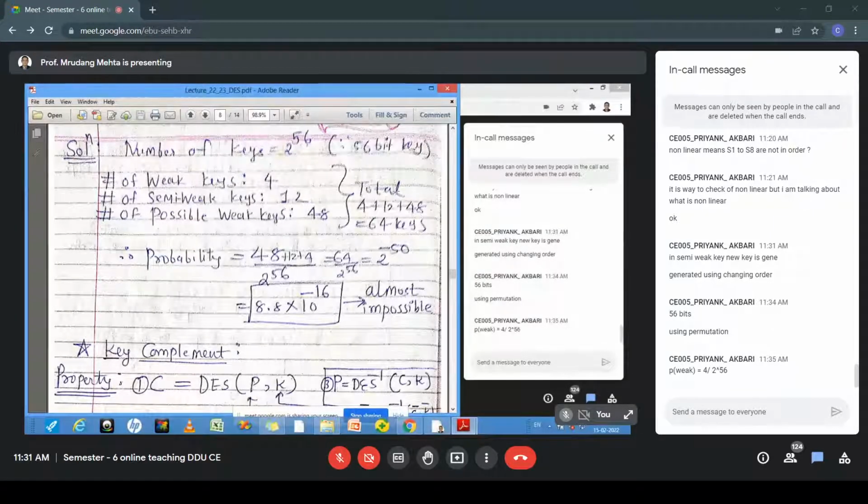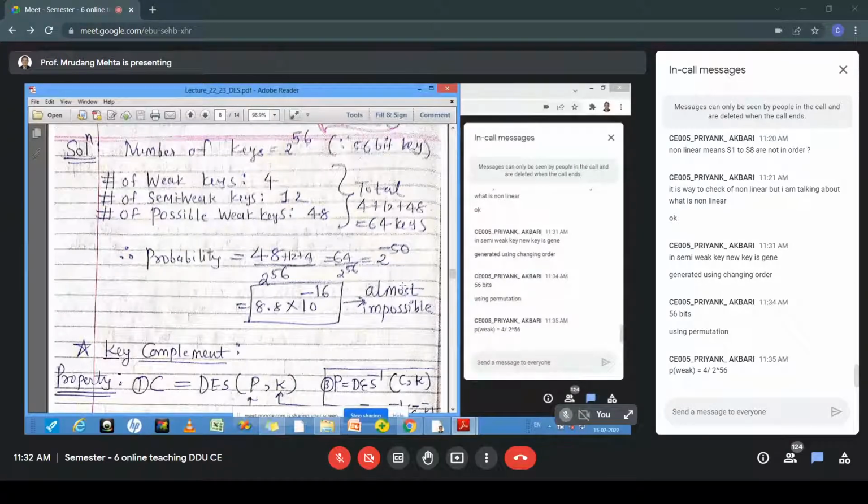So the total number of weak keys is 4 plus 12 plus 48, so 64 keys. So probability is equal to 64 divided by 2 raised to 56. That is equivalent to 2 raised to minus 50. This is equivalent to 8 into 8 into 10 raised to minus 16.